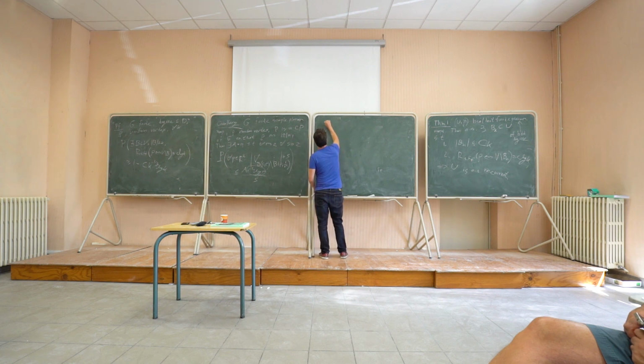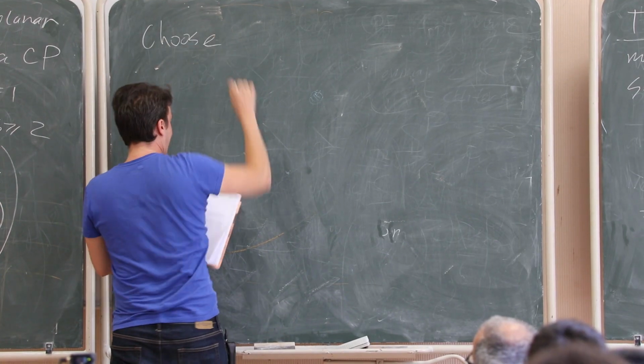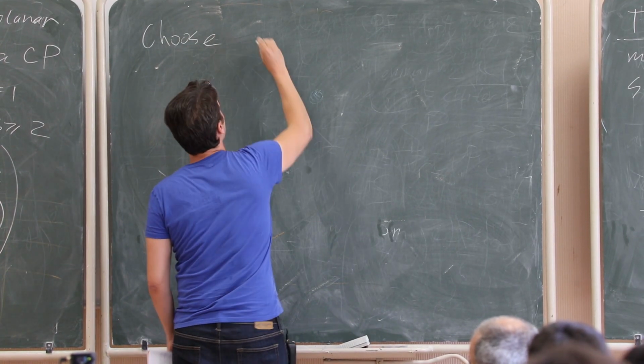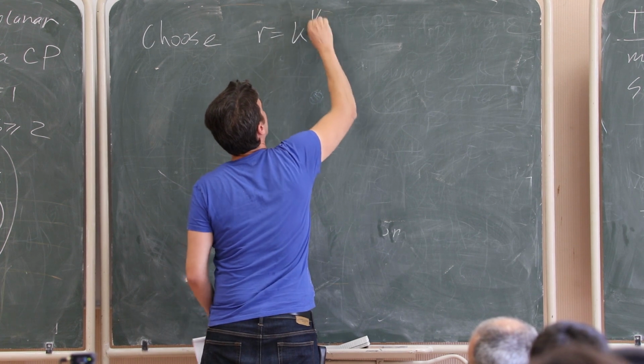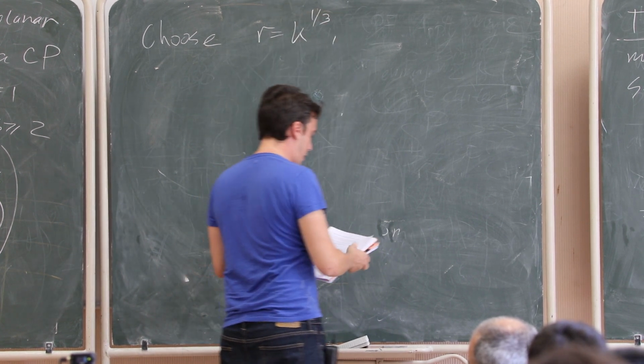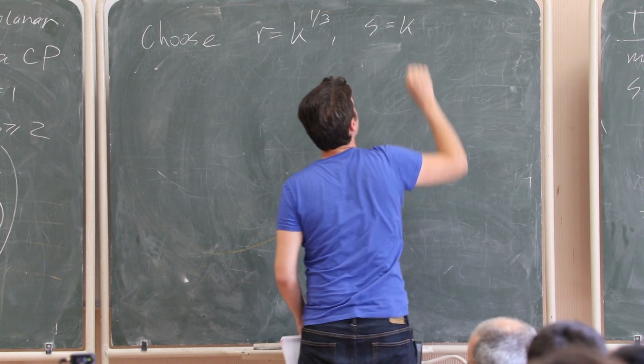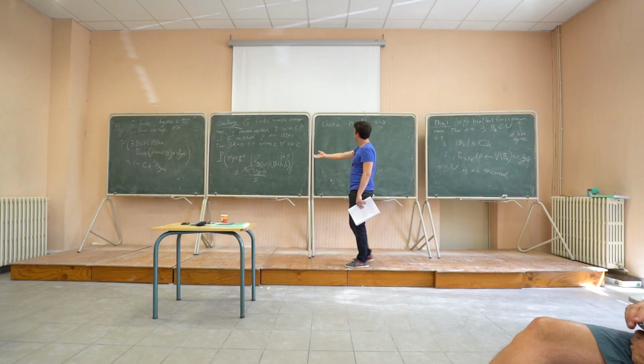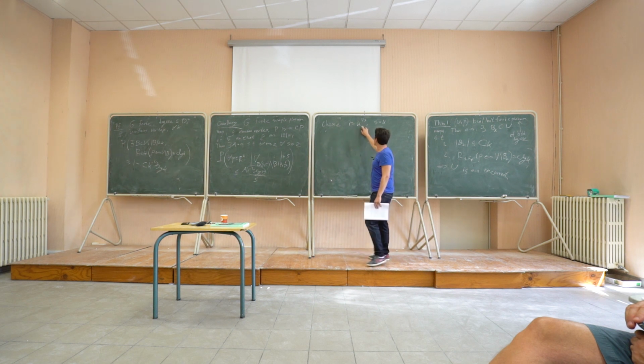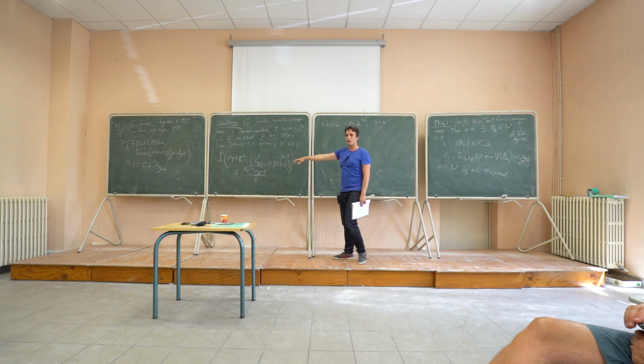I'm continuing the proof. We choose R equal to k to the 1/3, and S equals k. Let's plug into the corollary. R squared is k to the 2/3, S is k, so I get exactly k to the 1/3.